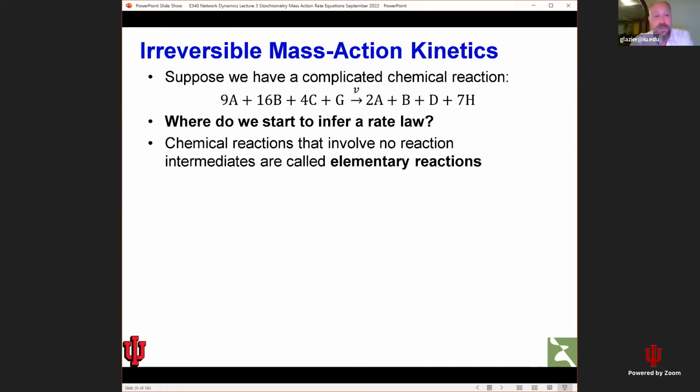C and G only appear on one side. Chemical reactions that don't have reaction intermediates are called elementary reactions. And it's extremely unlikely the reaction that's as complicated as what I've written down actually would happen in one step. But mathematically, we're going to assume that that's true for just the purpose of argument today.